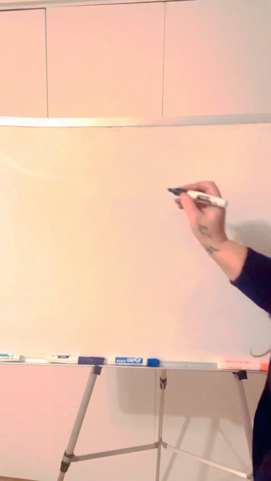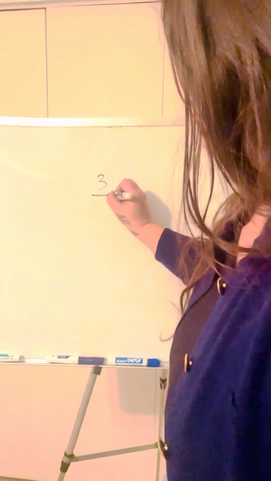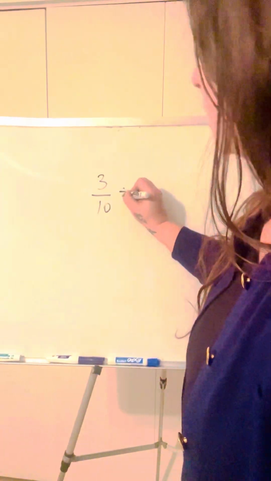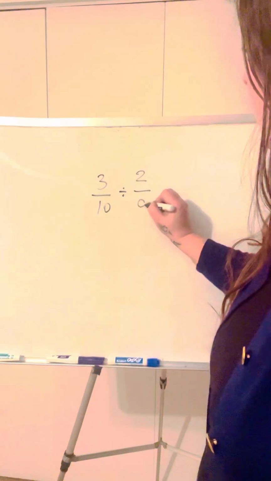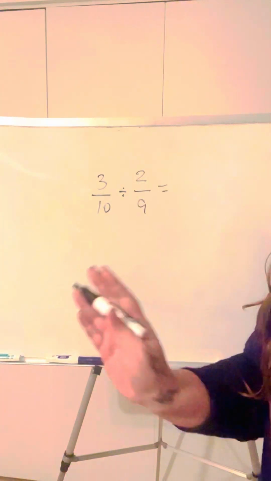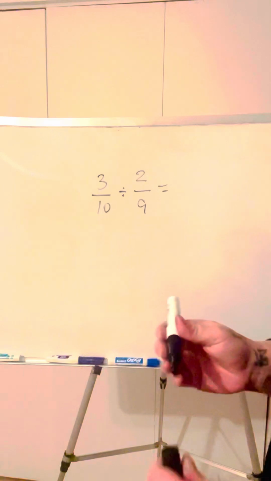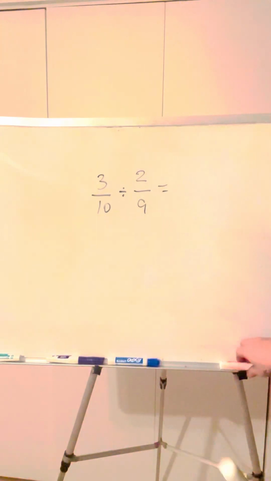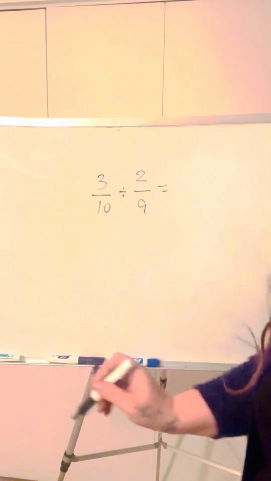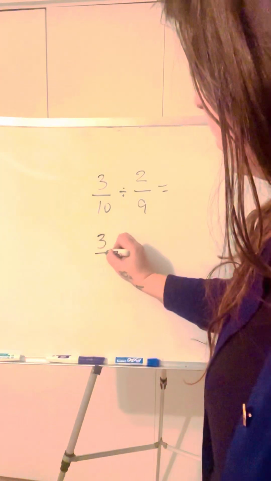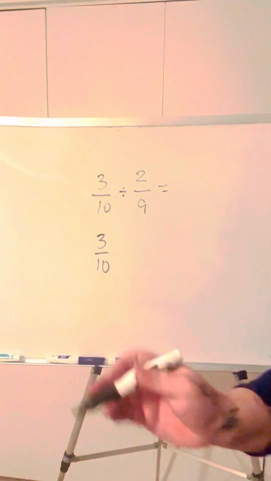Okay, let's do 3/10 divided by 2/9. I'm just pulling these numbers out of my head. So you tell me the first thing I need to do, even though I can't hear you. First, what I like to do is copy down the fraction that I don't need to do anything with.